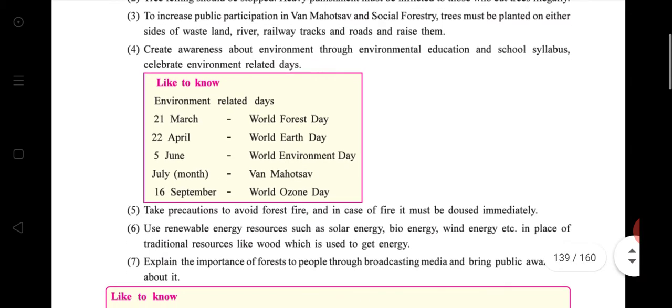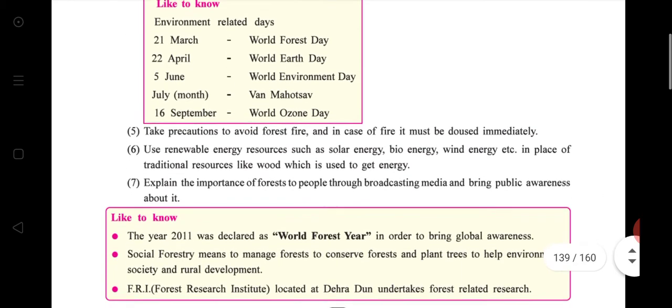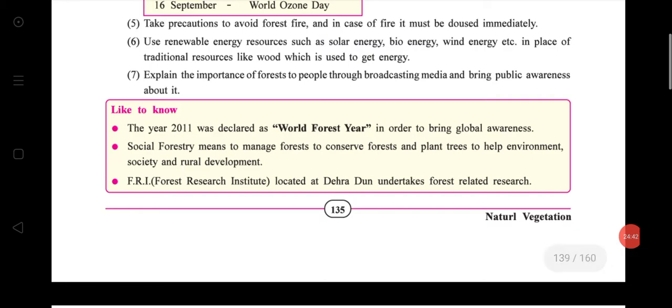Okay, done. Please, these environmental days are important, so try to learn them. Now like to know.